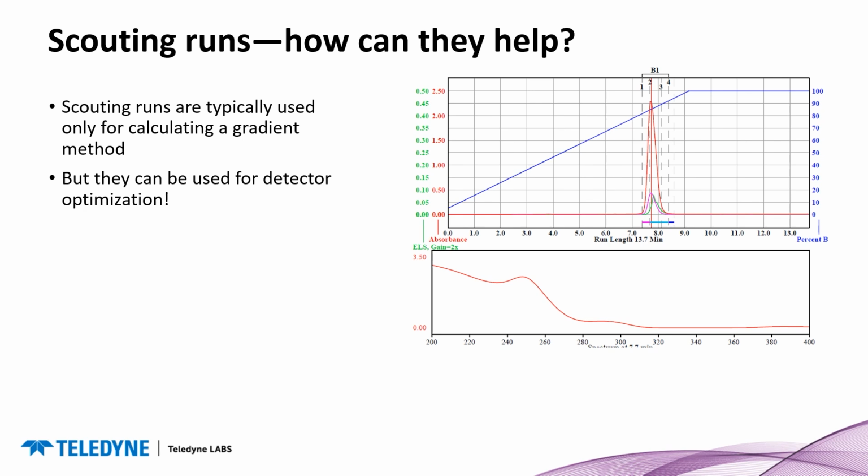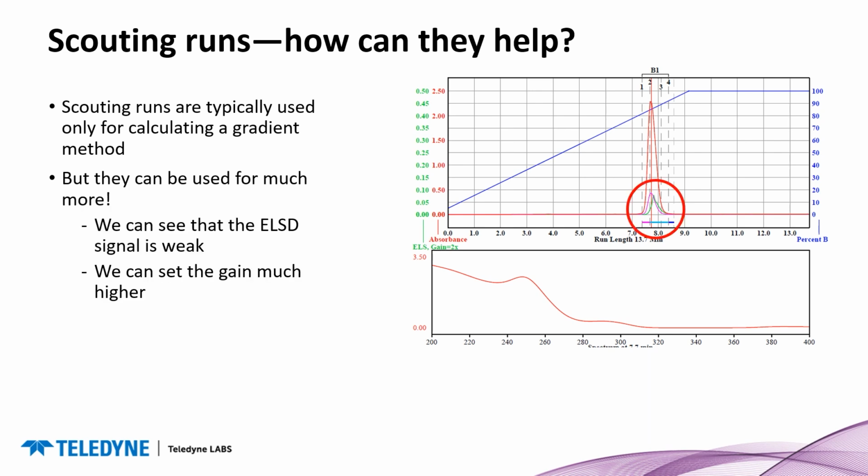Scouting runs are typically used for calculating a gradient method, but we will show how you can optimize a detector with it. In this example, the ELSD signal is weak and is not as wide as the UV peak. This shows how sample can be lost if you just use one detector.